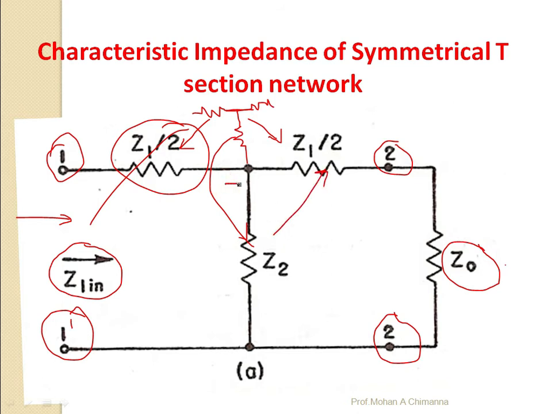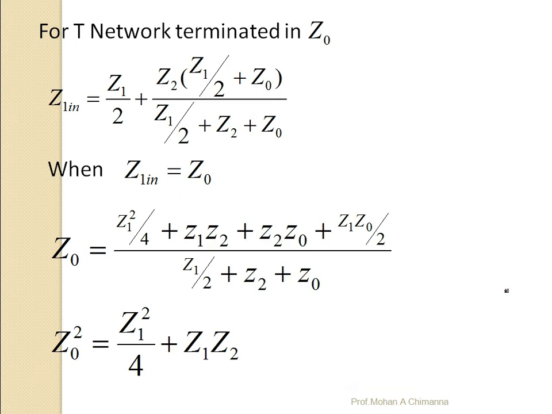Once the current comes to the junction point here, the current will be divided into two forms. One current flows through the Z2 network, and another current flows through Z1 by 2 in series with Z0. So Zin is equal to Z1 by 2 plus Z2 into Z1 by 2 plus Z0. In this way, we find the input impedance. So Zin equals Z1 by 2 plus Z2 into Z1 by 2 plus Z0 upon Z1 by 2 plus Z2 plus Z0.